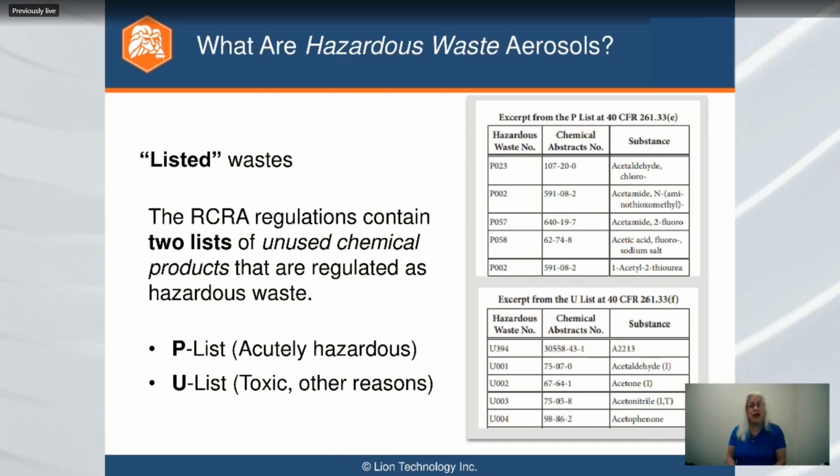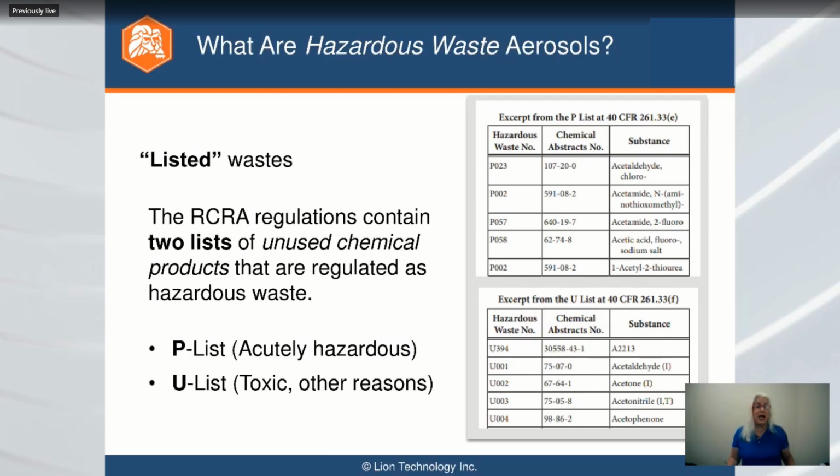And then the materials that are listed on the U list are listed for being toxic. And what we mean by that is that it is harmful to humans, or for other reasons. They're on the list because they're ignitable or corrosive. For example, can you see on the screen down towards the bottom, the second to last entry for acetonitrile?